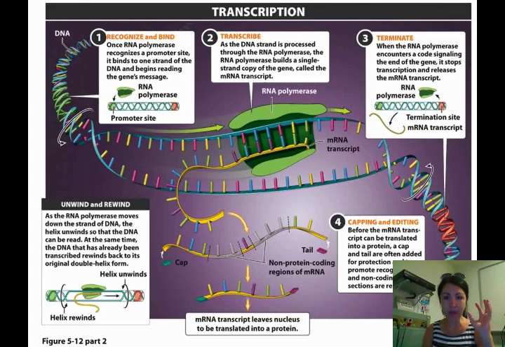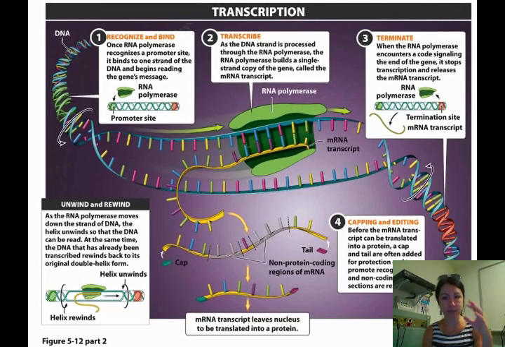The third step, in the upper right-hand corner, is when the RNA polymerase encounters a code signaling the end of the gene. We have codes that signal where the mRNA is going to start copying, and we have another set of code, a sequence of bases of the DNA, that says where it's going to stop copying the gene.